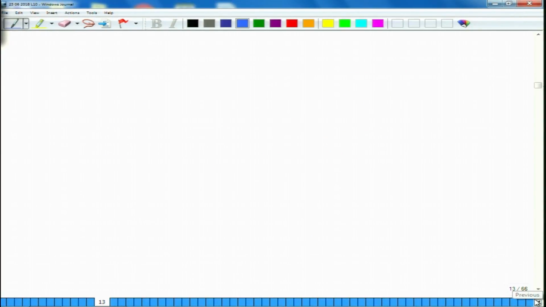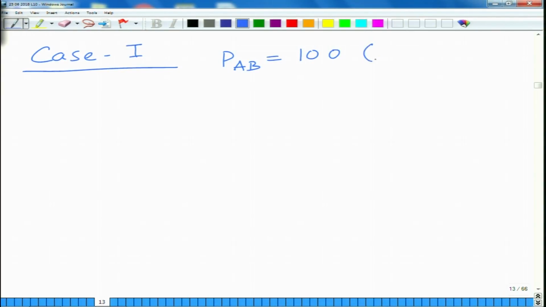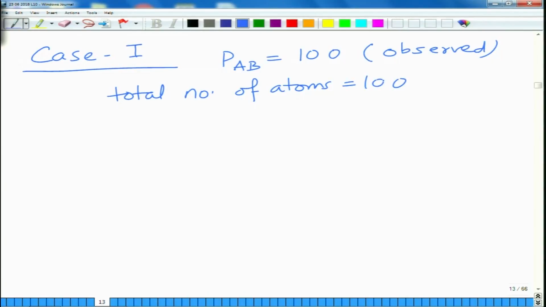So, now let us say we have a situation, case 1, in which we have PAB as 100, which is the observed. Total number of atoms, let us say, is equal to 100.